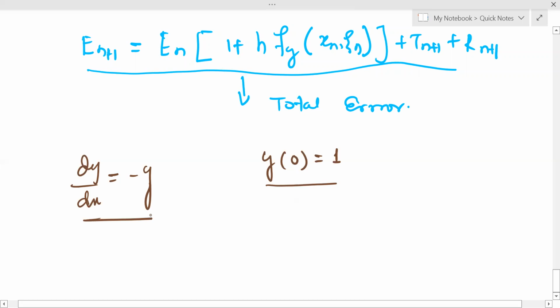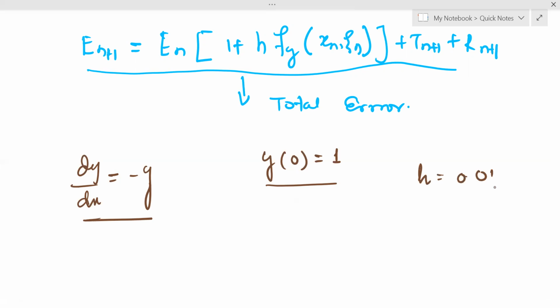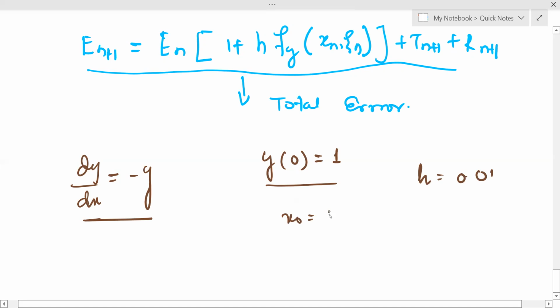And our objective is to evaluate the error of this problem. So we take h value equal to 0.01, and apply Euler's method, where x0 is equal to 0 and y0 is equal to 1.